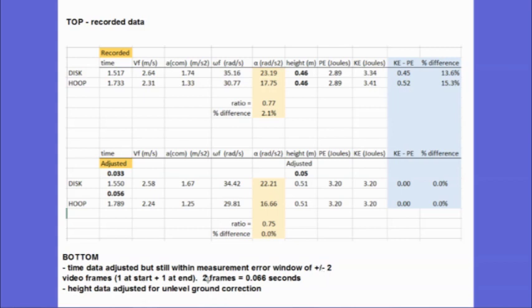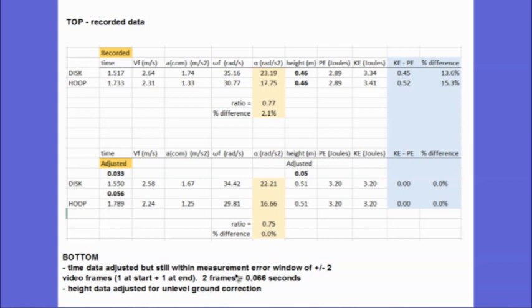So that's a time measurement error window of plus or minus 2 video frames, one at the start and one at the end. So 2 frames is 0.066 seconds. So in other words, if I can adjust the time by less than 0.066 seconds, my experiment verifies the laws of physics.